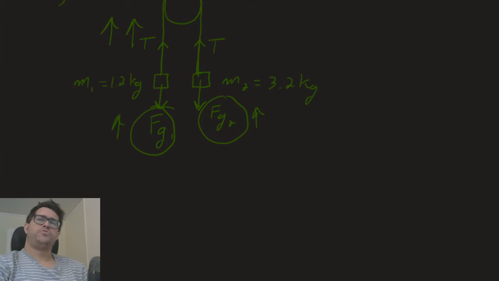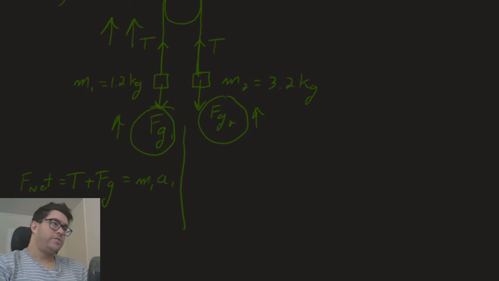So there's still two masses. It still reacts like two different problems. We're going to do Fnet on both of them. Fnet here will be T plus Fg, which will be equal to M1A1. This is why I cut the movie, because I made a mistake and it screwed up everything.